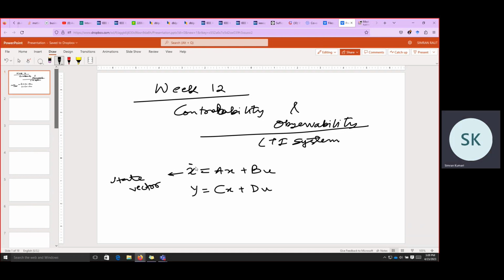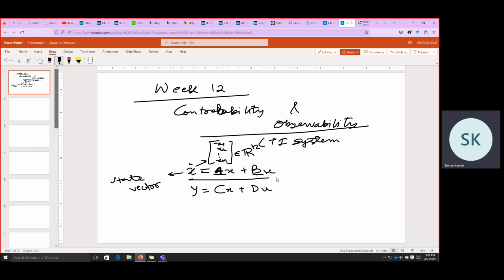Now suppose this has dimension n, so it is like x1, x2 to xn. This belongs to this Euclidean space R to the power n, and A matrix is there, and we have this B which is relating the state to the input.